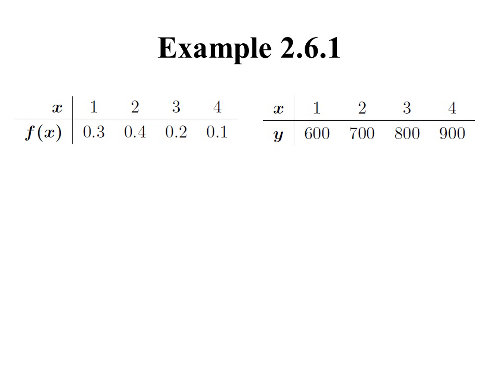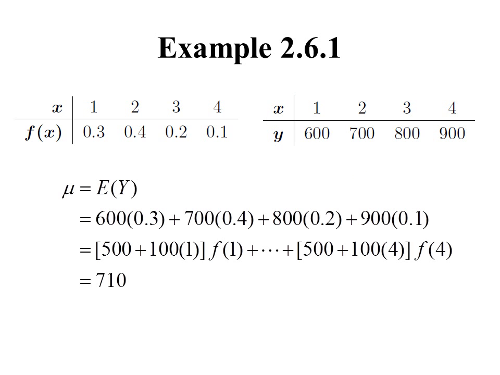Now, we still haven't answered the question. The question is, how much should he expect to get from his insurance company? Here we've listed the distribution of x, and then the values of x and the associated values of y. So we want to calculate the expected value of y. By definition of expected value, we're going to take each value of y times its associated probability.